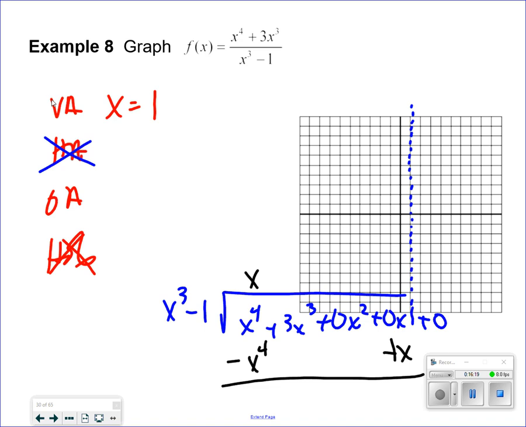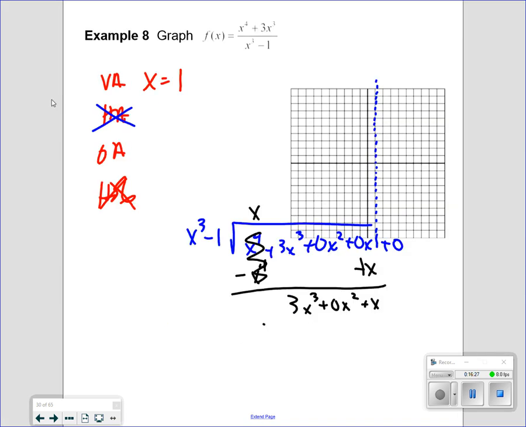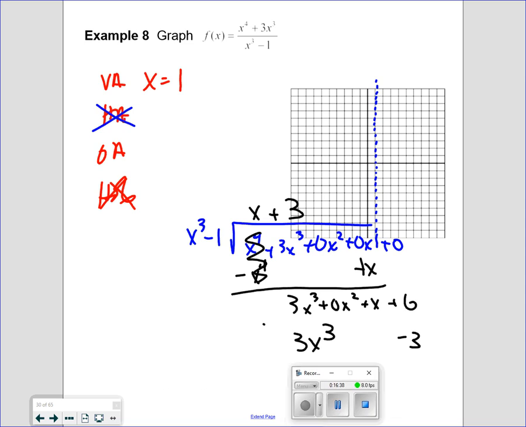Change the signs to subtract, pull down the next one, and in fact, you can pull down all of these. I'm going to give myself more space here. X cubed to get 3x cubed, positive 3. 3x cubed minus 3. Change the signs to subtract.